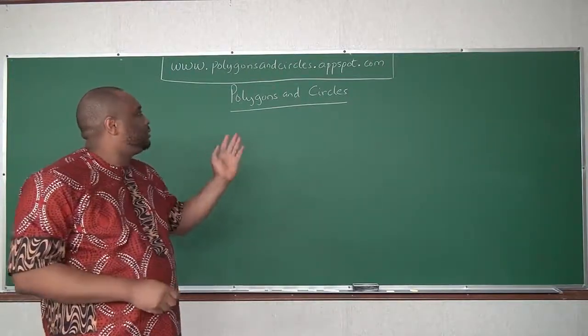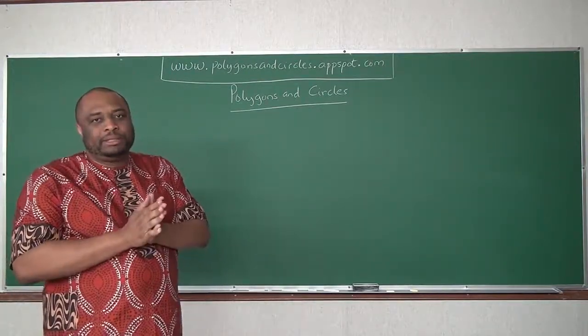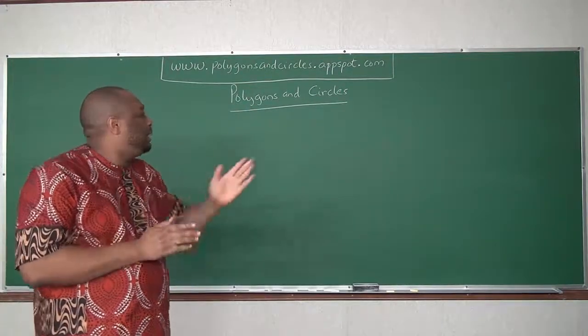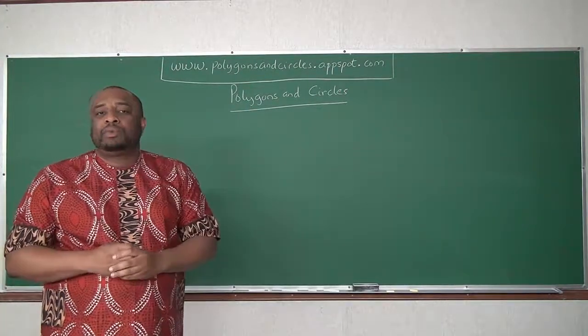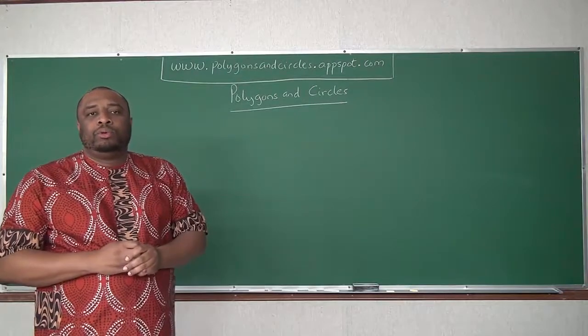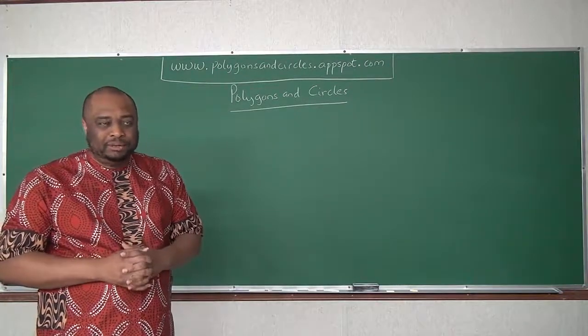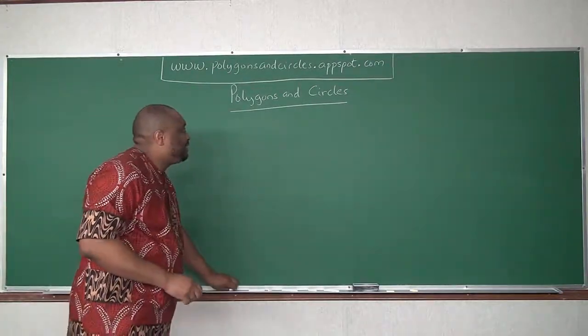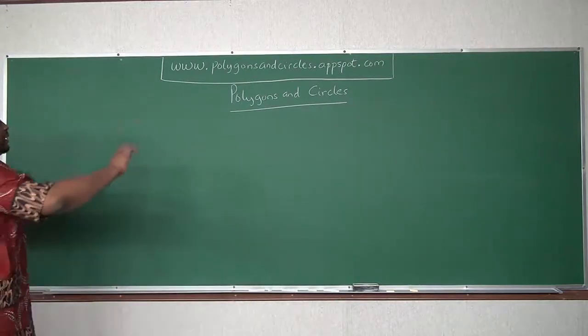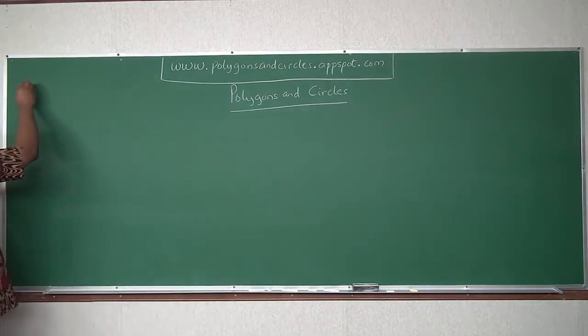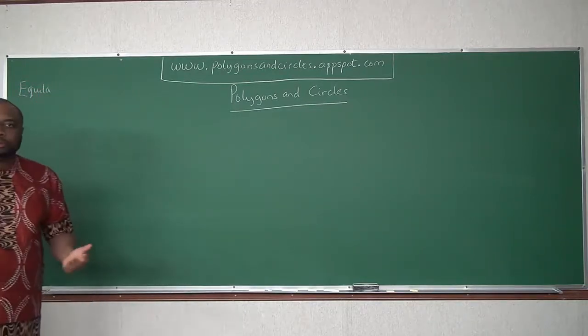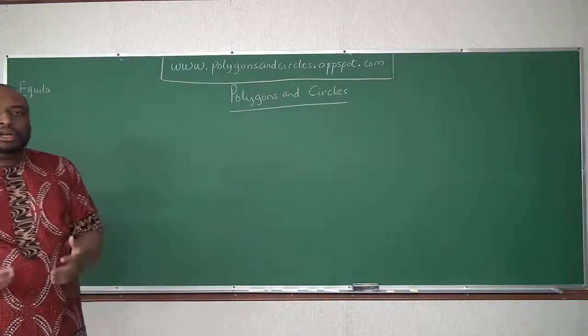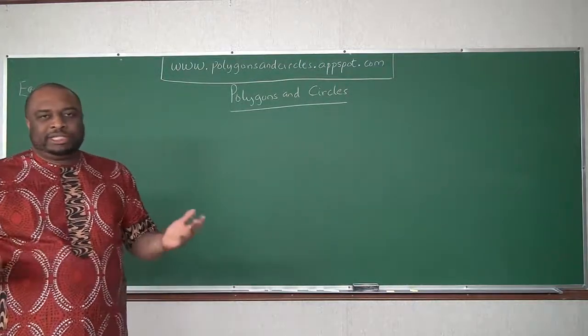We are going to discuss regular polygons. The polygons and circles we are talking about would be regular polygons and circles. In this video, we shall discuss equilateral triangle. Because when you talk of a regular polygon, a polygon is any closed figure with straight sides.